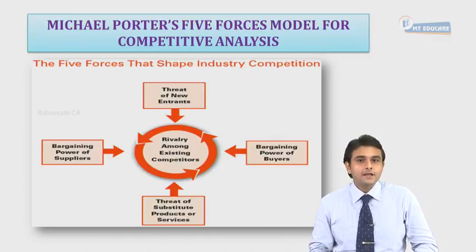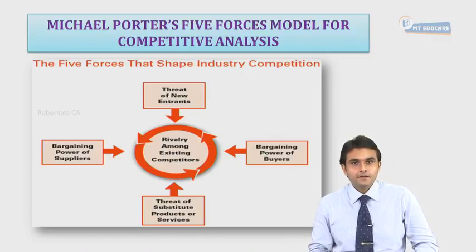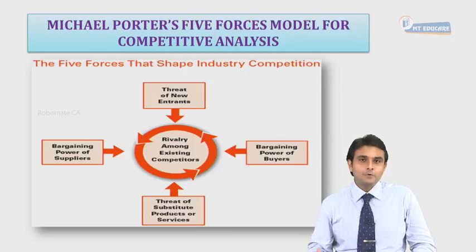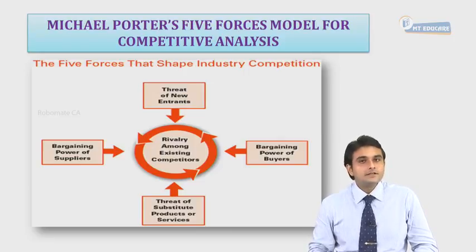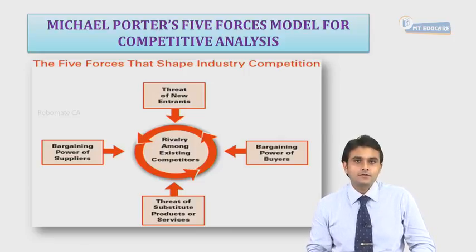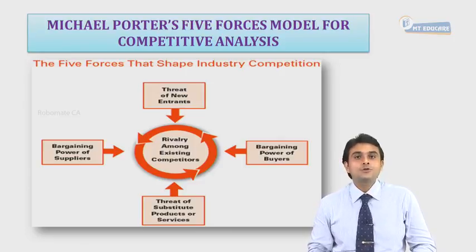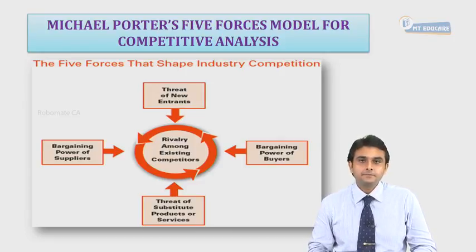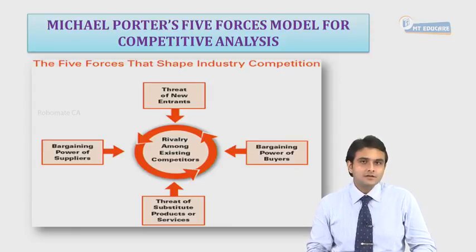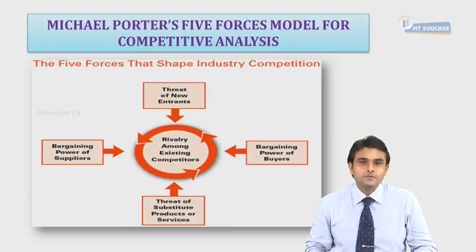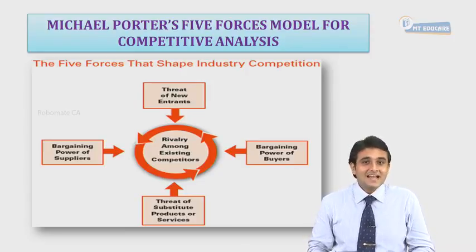Now, how to combat the bargaining power of consumers? Raymond at one point in time was into supplying cloth to various retailers who used to then stitch it as per the consumer needs, custom fit, and sell it. What Raymond thought is, let us also start retailing apart from supplying the cloth. That is what they did.